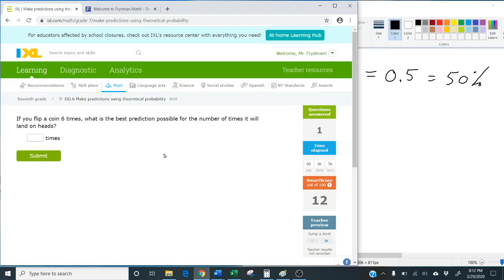But not all of those predictions are very good predictions. I'm probably not going to get heads all 6 times. It might happen, but that's not the best prediction I can make. What's the best prediction I can make?